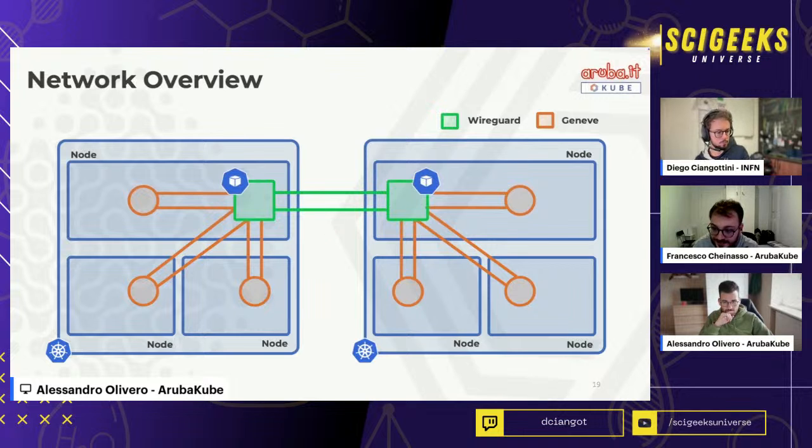Now we're talking about the internal network. Here we use Geneve. Geneve, for who doesn't know, is a tunneling protocol using UDP that doesn't encrypt the traffic, and we will see why we decided to use Geneve. We create tunnels from each node to the gateway to allow traffic from the pods to reach the gateway.